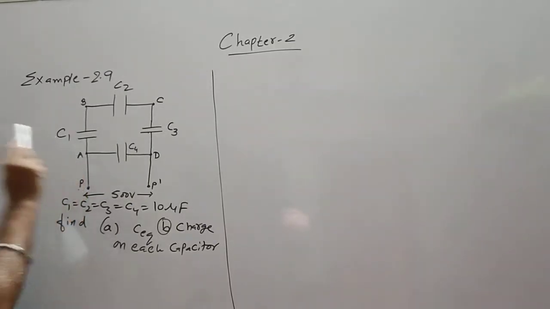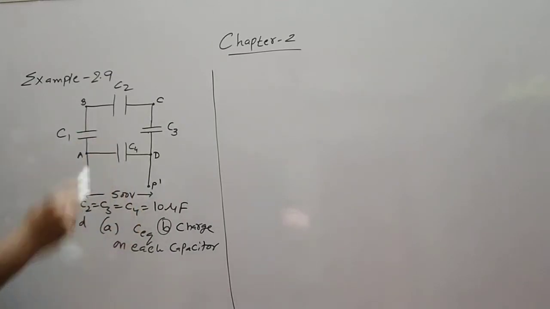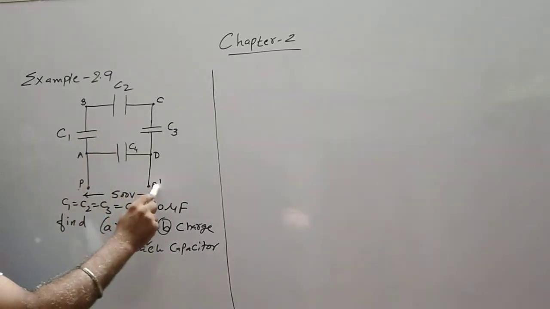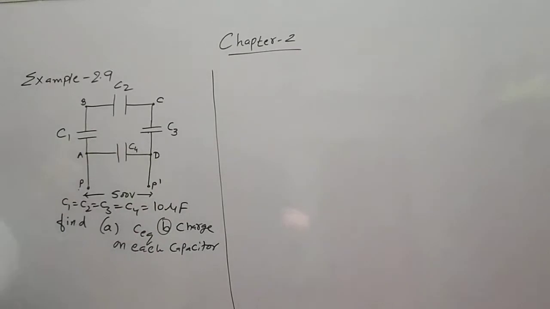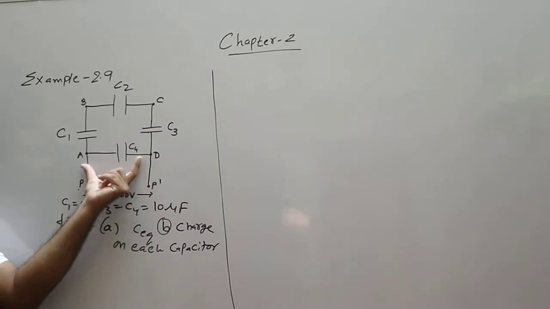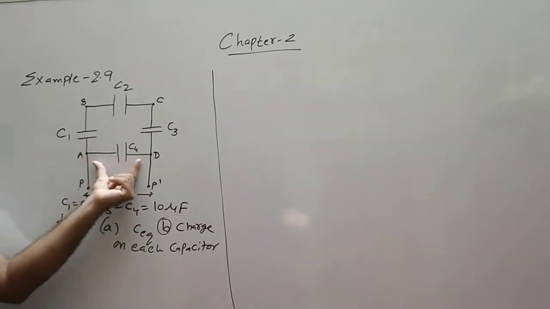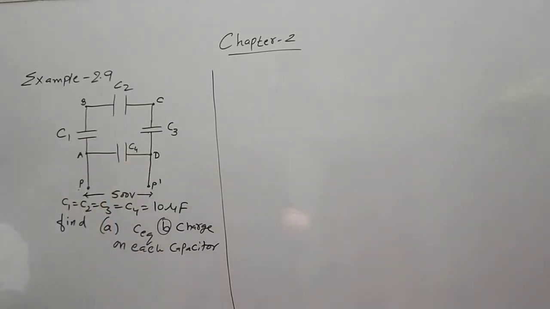So point A is at 500 volt potential and the negative terminal is arbitrarily taken as 0. So P dash is 0 volt, so D is also at 0 volt. If I want to calculate the charge on C4, the voltage across C4 is 500 volt. So voltage is known, C is known, so you can easily find out Q.